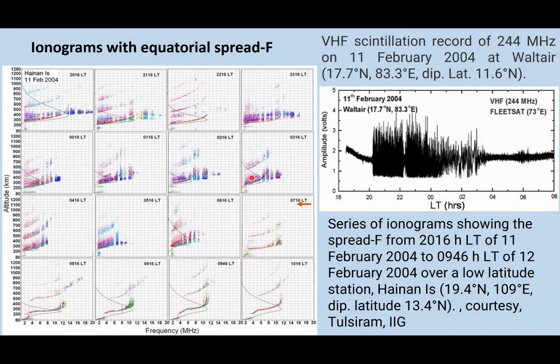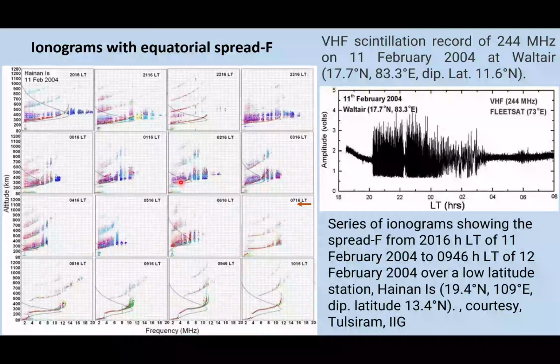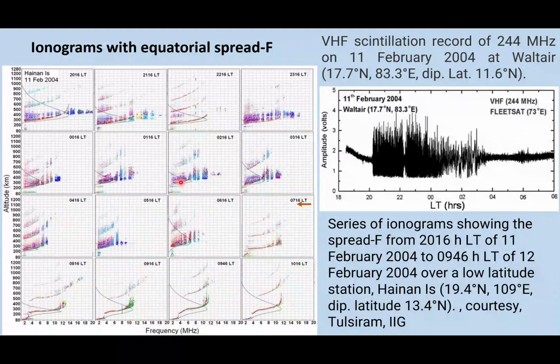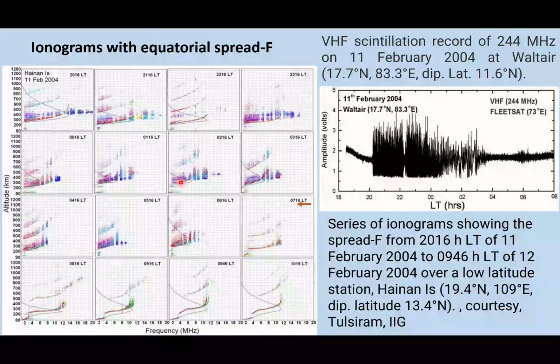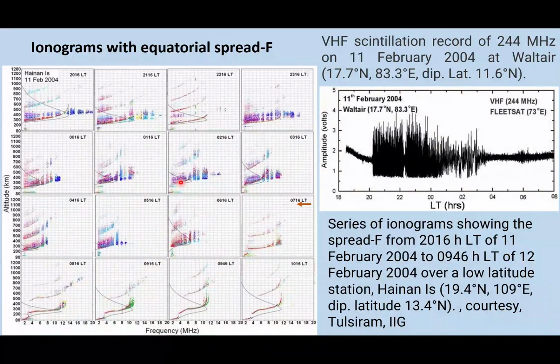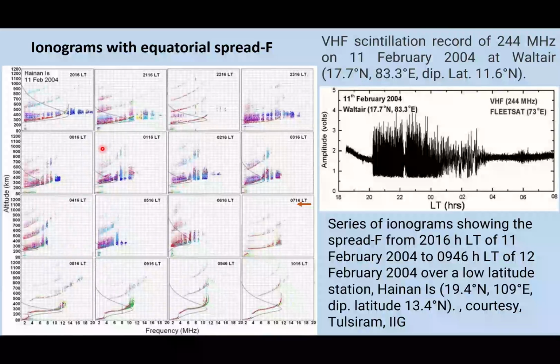This kind of additional, patchy type of trace is due to the presence of some kind of ionospheric irregularities which are scattering the radio waves, in addition to the normal trace which is due to the reflection. Mostly this occurs during night time. As you can see here, this is 2015, also at night. This is 2115. So at night.